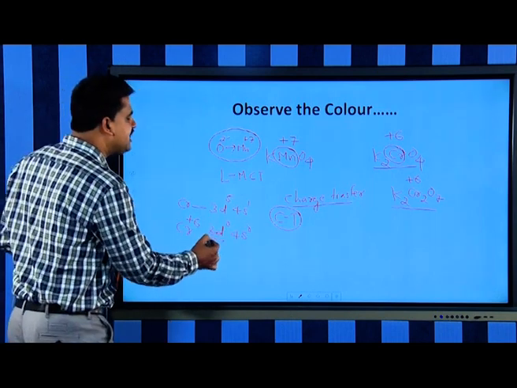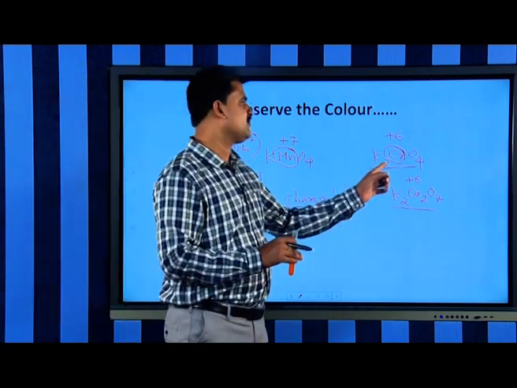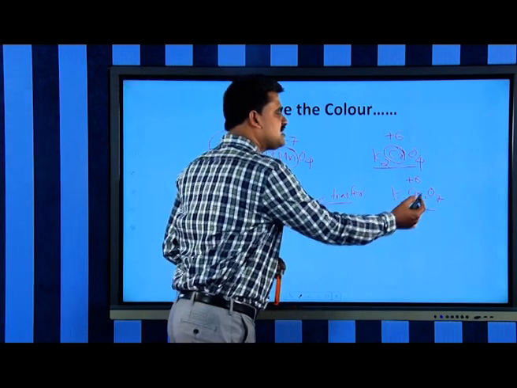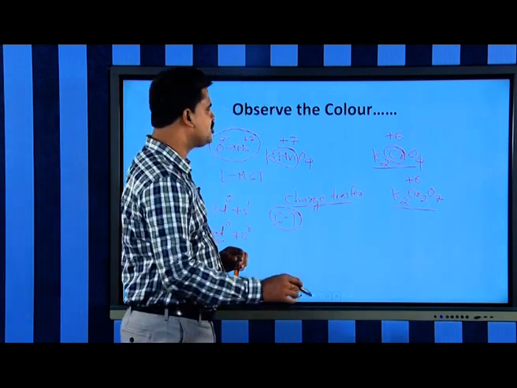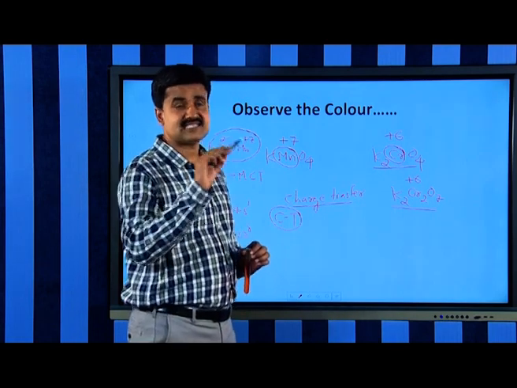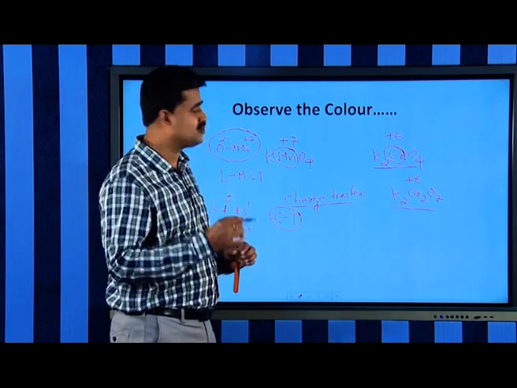So, there are no d electrons. Then the yellow color of K2CrO4 and the orange color of potassium dichromate is due to charge transfer transition. The most common reason for color is d-d transition that we can consider soon.